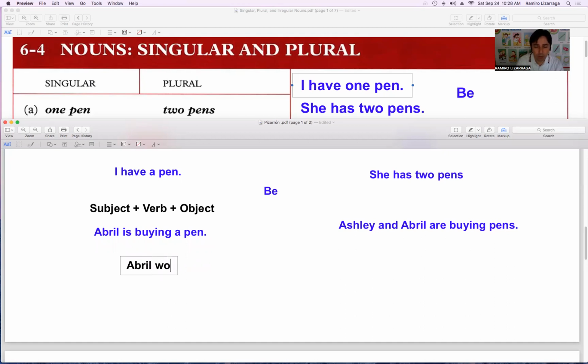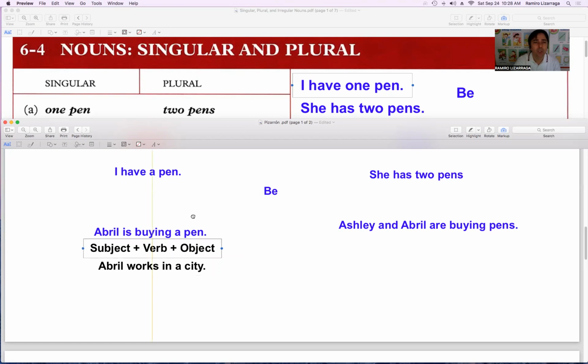Abril works in a city. Take a look at this sentence. Abril works in a city. What am I saying here? Abril works in a city.